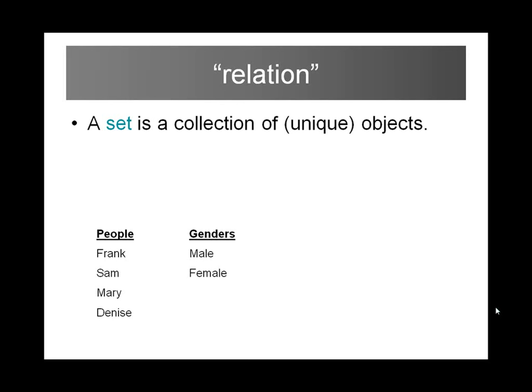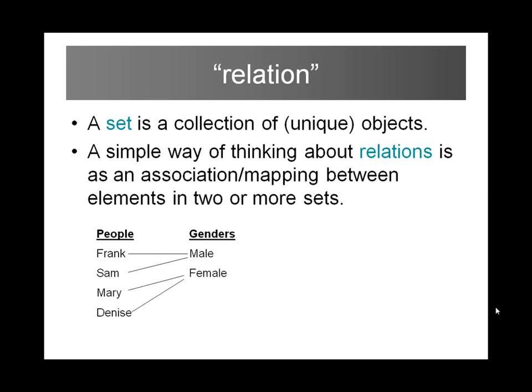If I were to associate the people with their corresponding gender, what I would have is a bunch of lines as follows. So basically we are stating that Frank is male, Sam is male, Mary is female, and Denise is also female. Now this collection of lines is what is a relation. And since this relation is between two sets, this is basically a binary relation.